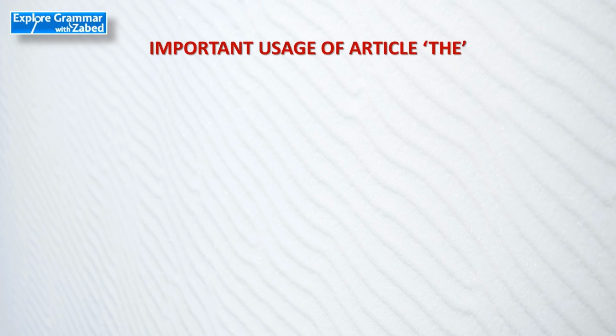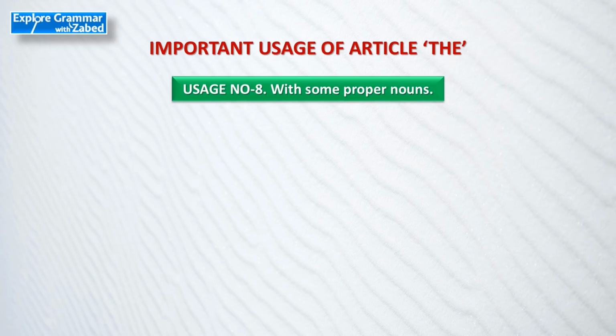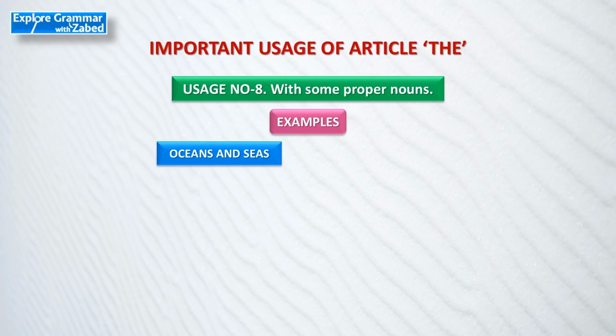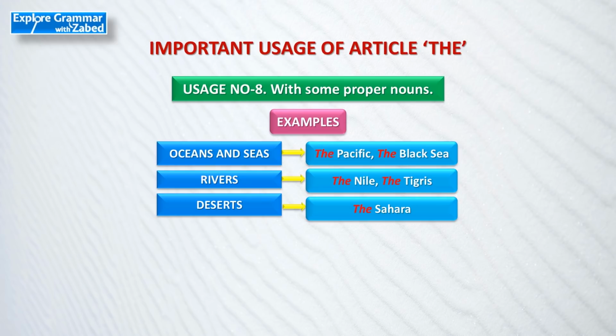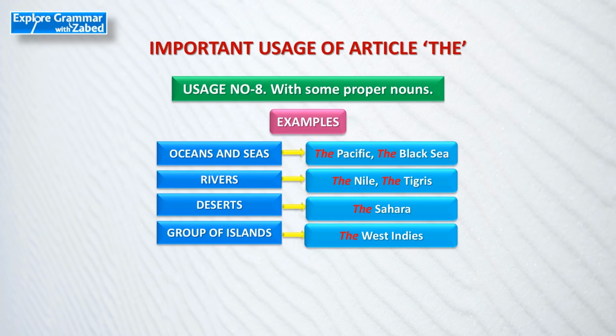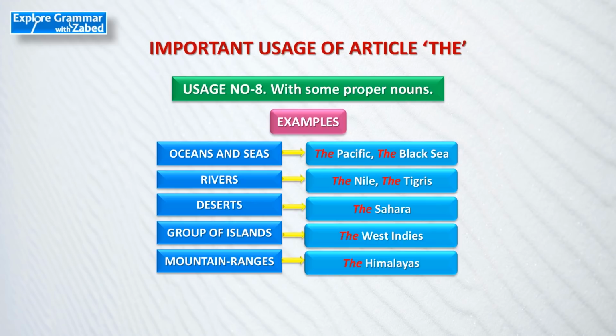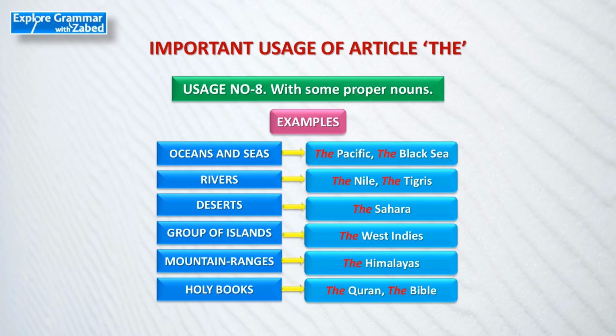Let's look into the next use of article the. It is used before some proper nouns which come under the below categories: with oceans and seas, for example, the Pacific, the Black Sea; before the names of rivers, for example, the Nile, the Tigris; with deserts, for example, the Sahara; with a group of islands, for example, the West Indies; before the names of mountain ranges, for example, the Himalayas; before the names of holy books, for example, the Quran, the Bible.